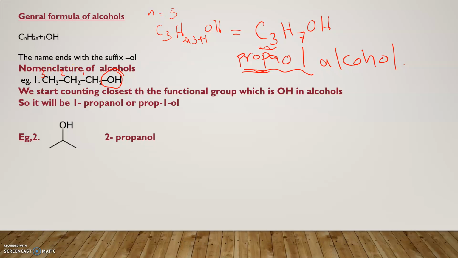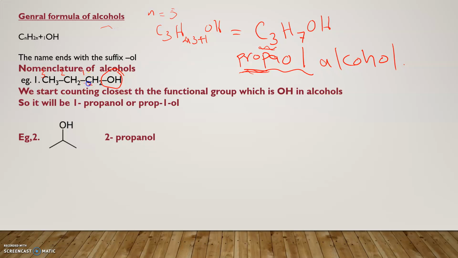Now, when you're writing the name, first, if there are any branches, you have to write the number of the carbon with the branch, then the name of the branch, then the prefix, which is the name of the chain, and then you add the suffix, which indicates the functional group. But in this case, we don't have any branches, so we will start counting from the right side.